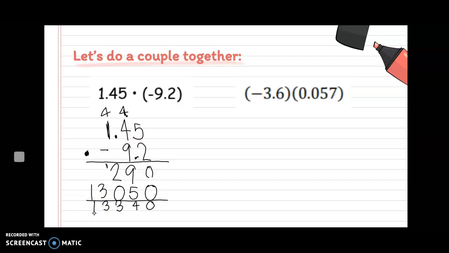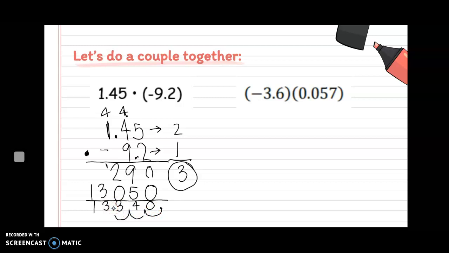and I'm going to count the number of digits after each decimal. In this one, there are 2. In this factor, there is 1. So that means that I'm going to need to account for 3 decimal places in my product. So I start here and I move my decimal 1, 2, 3 places.